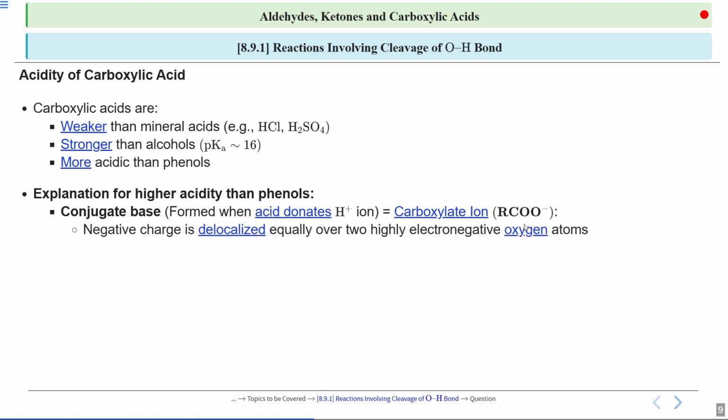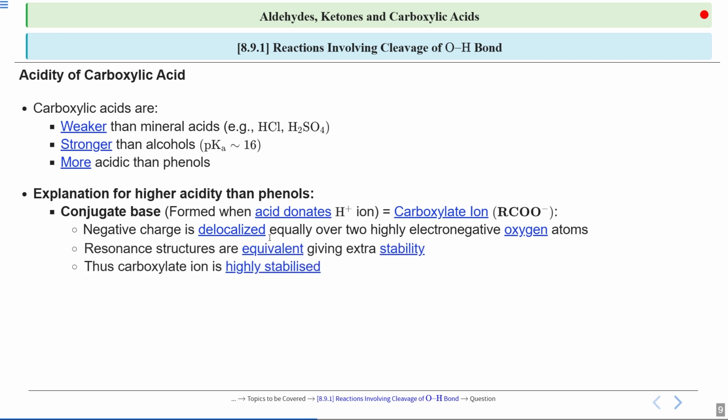Now the negative charge on the carboxylate ion is delocalized over two oxygen atoms. The negative charge is delocalized equally over two highly electronegative oxygen atoms. This means the charge is spread out, which contributes to the stability of the ion.